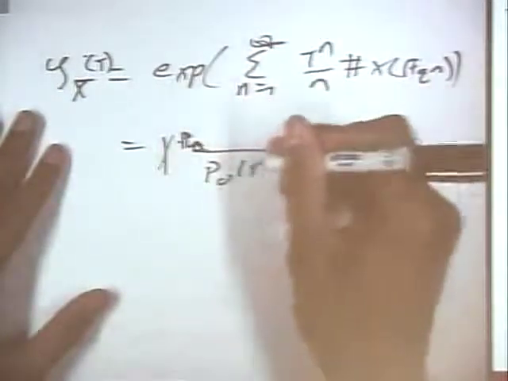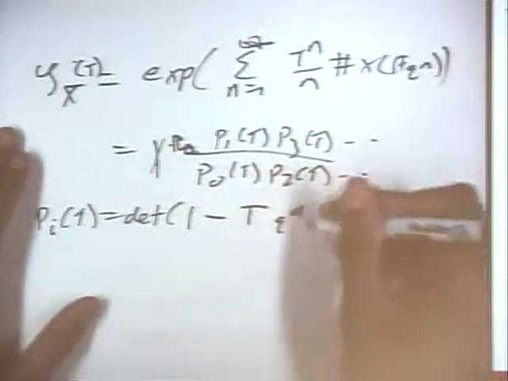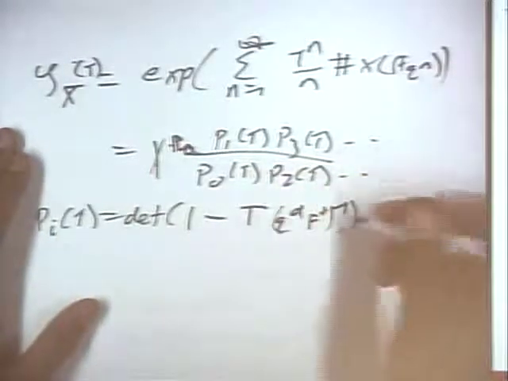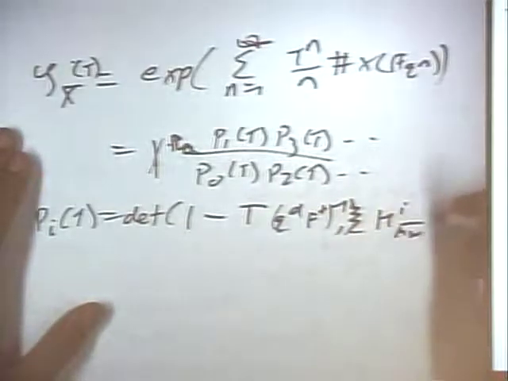P naught of t, P2 of t, etc. P1 of t, P3 of t, etc. Where P_i is the determinant of 1 minus t times this operator, q to the d F dagger inverse, acting on the Monsky-Washington cohomology.